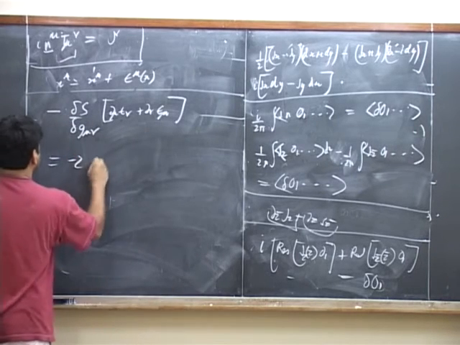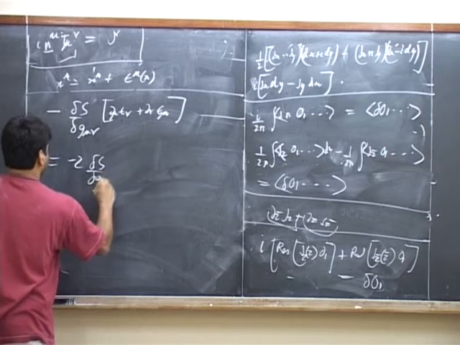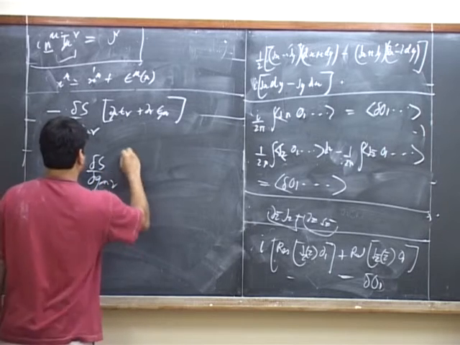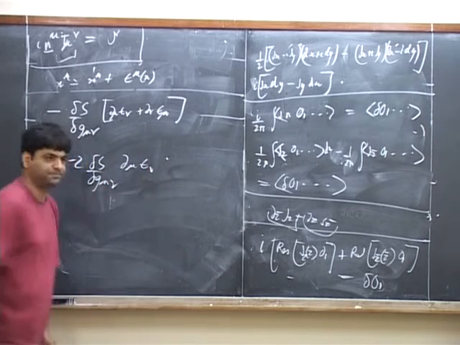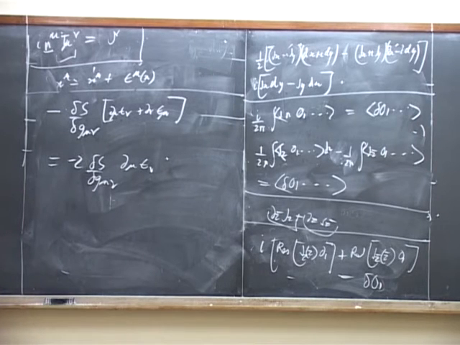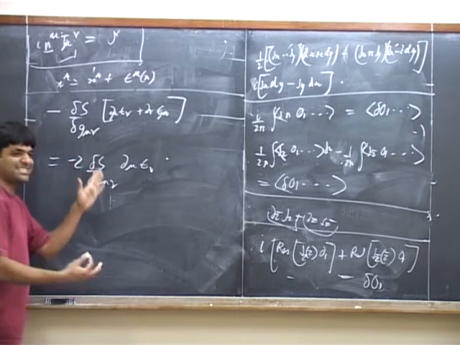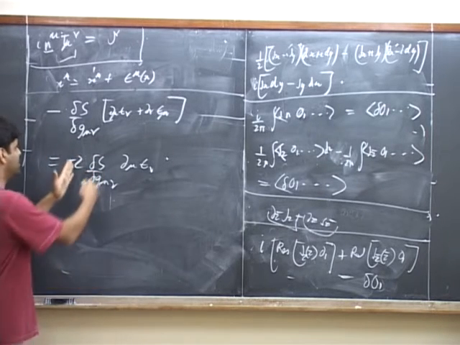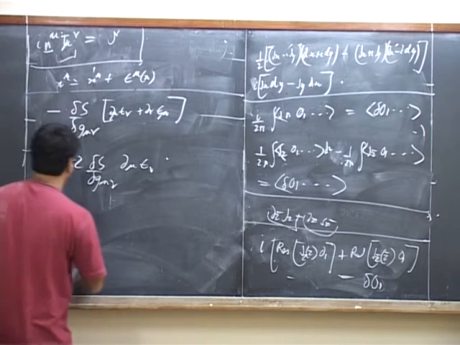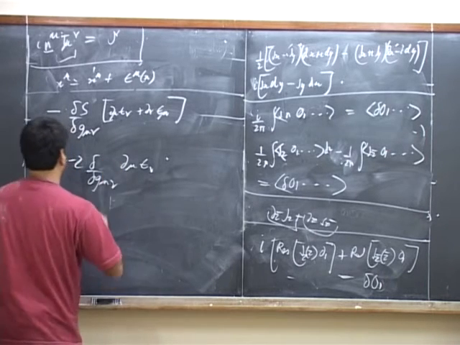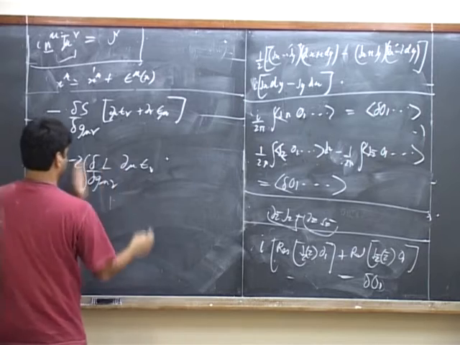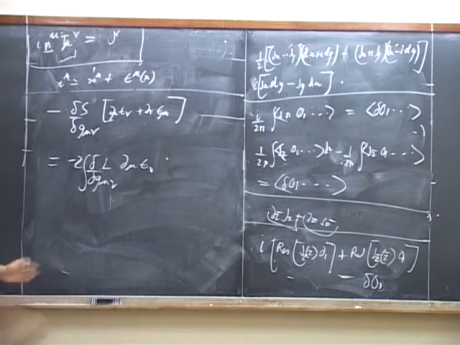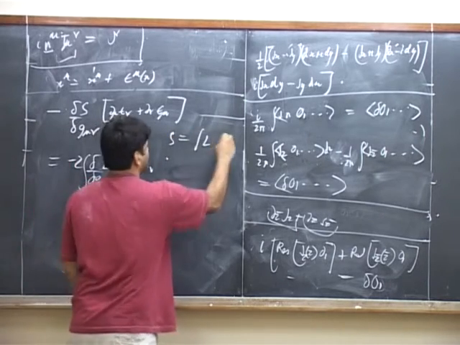So this is minus 2 delta S by delta G mu nu del mu epsilon nu. If we had written this S as an integral over a local quantity, this would more accurately be the integral of L del mu epsilon nu, where S was equal to the integral of L.